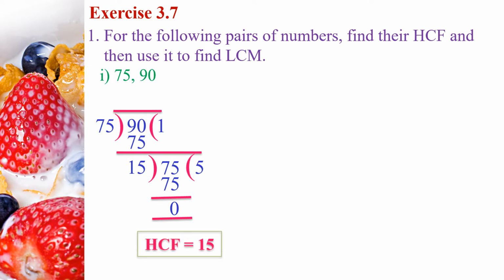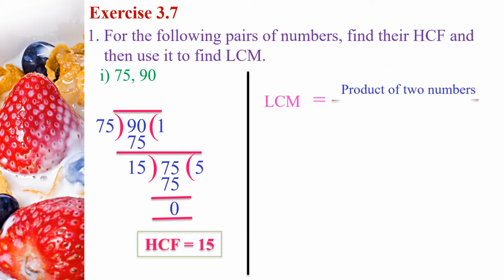Now use this HCF. We are going to find the LCM. We know the formula LCM equal to product of two numbers divided by HCF. Product of two numbers means the given two numbers, isn't it? So multiply them. That means 75 multiplied with 90 divided by, we know that HCF 15.